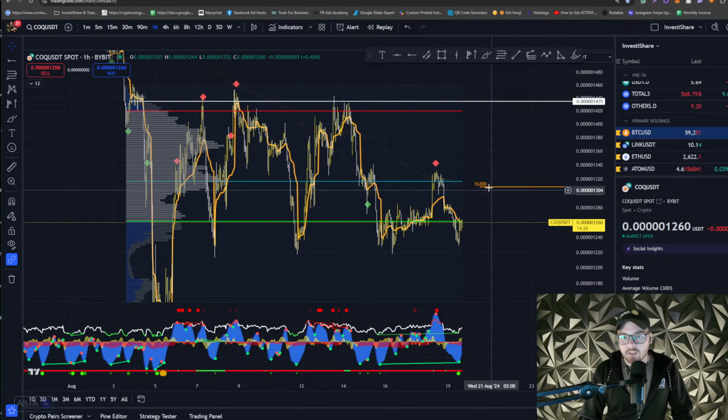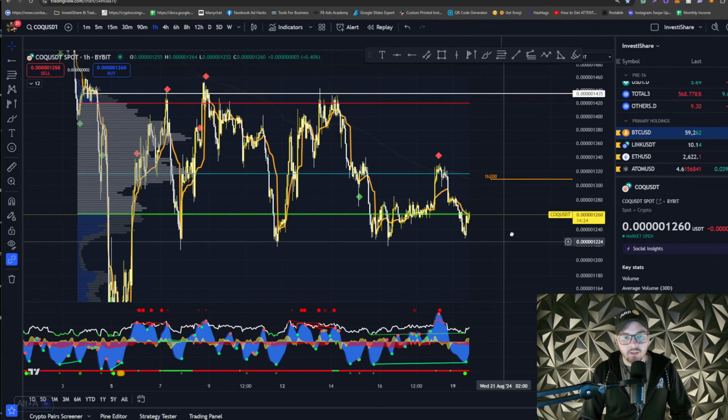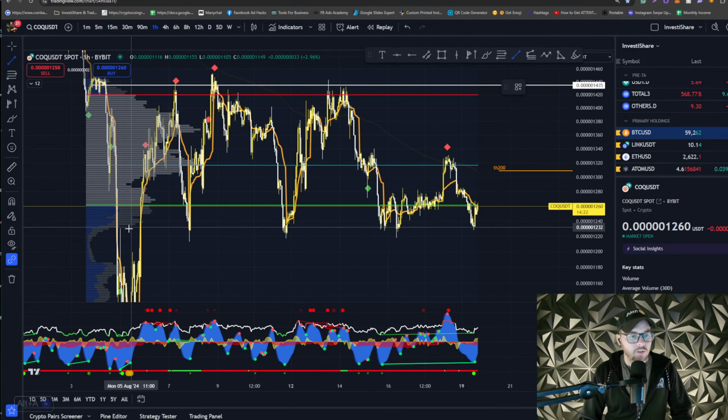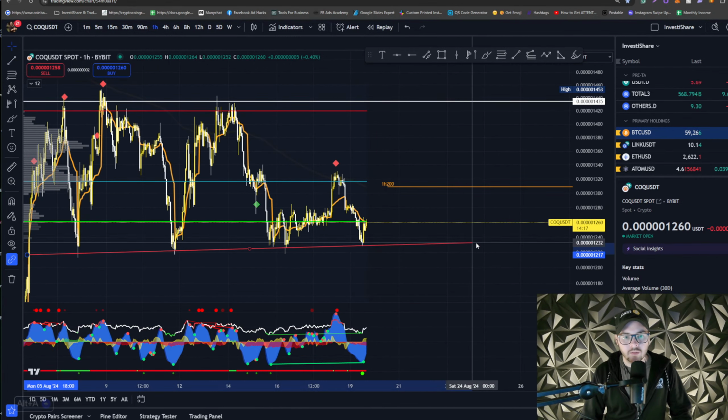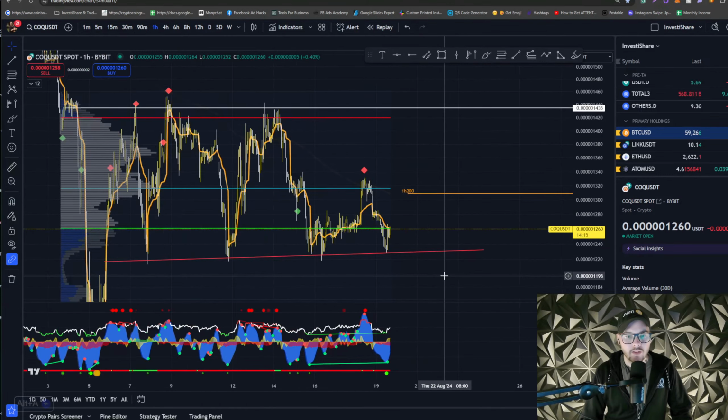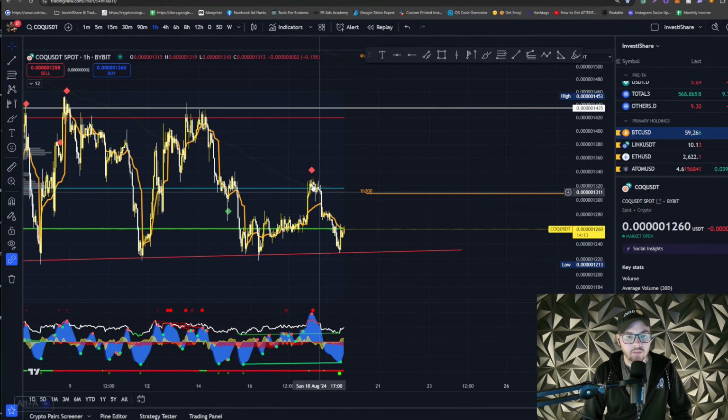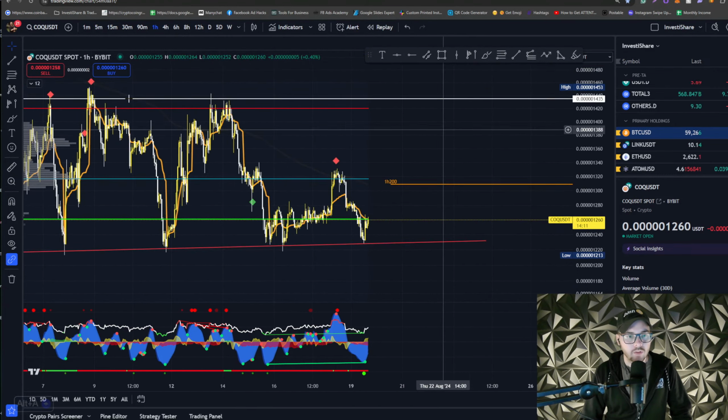Okay, so POC confluence with the 1 hour 200. We have horizontal support here. We have broad momentum here.